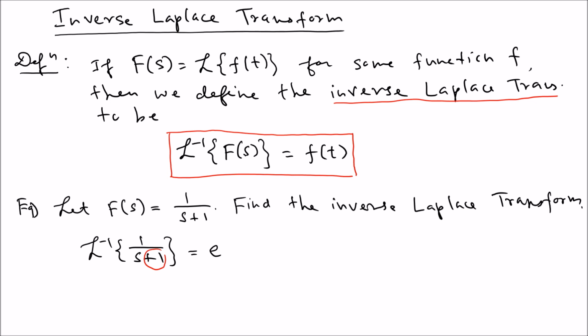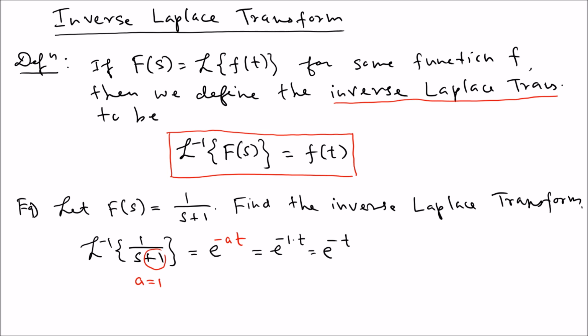Remember we had a formula: a is the opposite sign, and in this case a is 1. So it's e to the minus t.